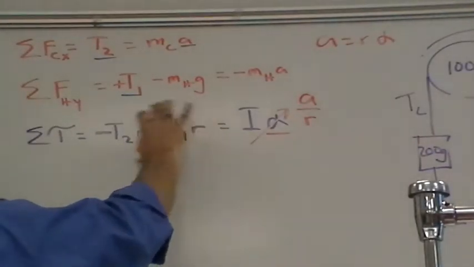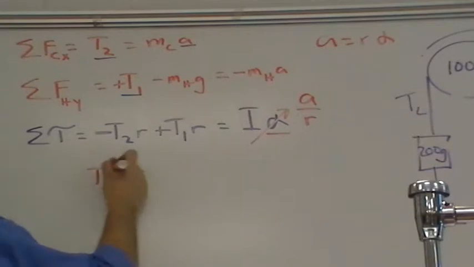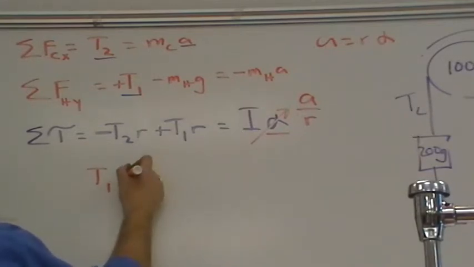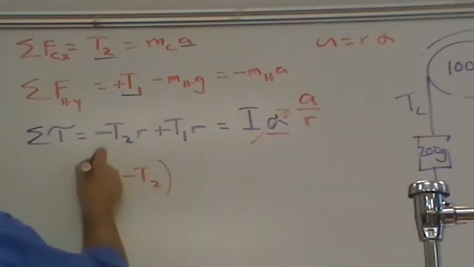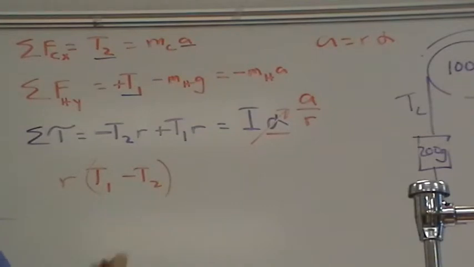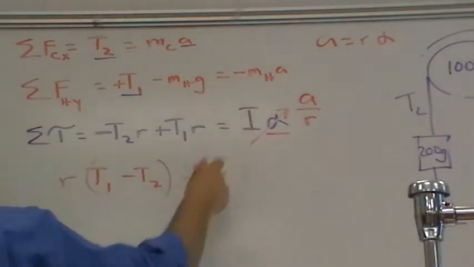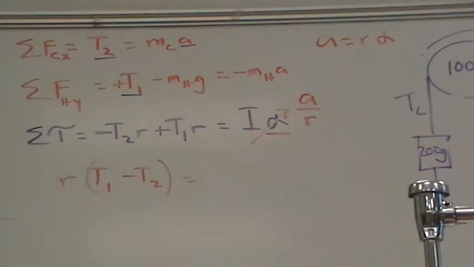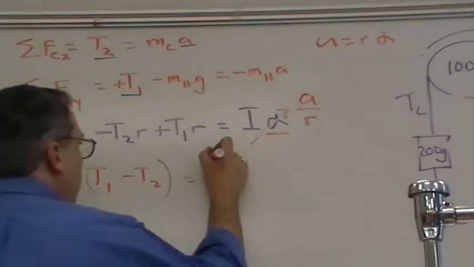So let me clean this up a little bit over here. I can factor out an R here, and I can replace I. If we're treating this pulley as a disc, what would I be? 1/2 MR squared.